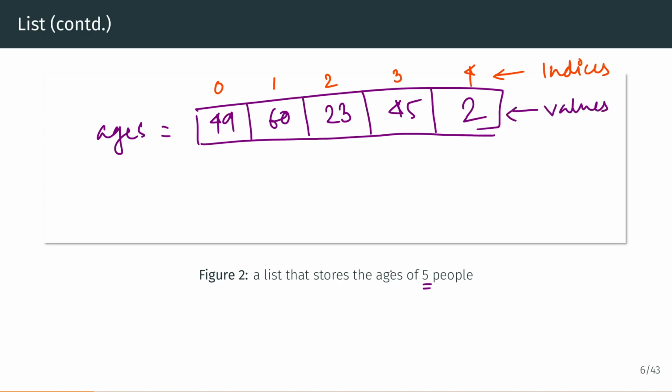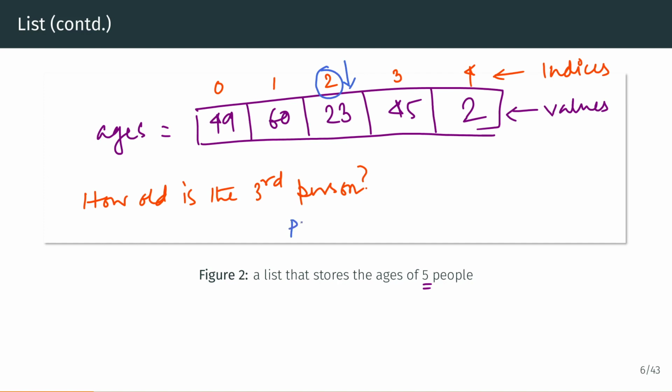So if I want to access, or print, the value of the third person, the question I want to ask is: how old is the third person? The answer is, the third person is this guy right here, and the third person is accessed by index 2.